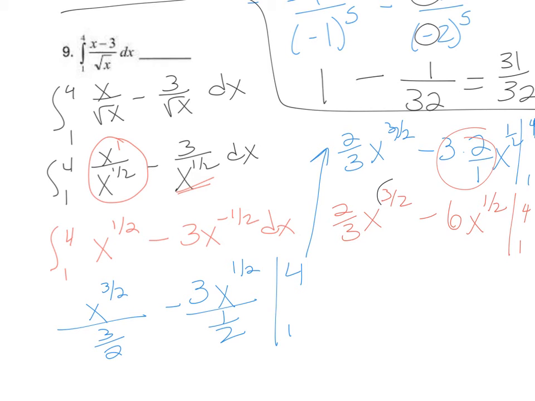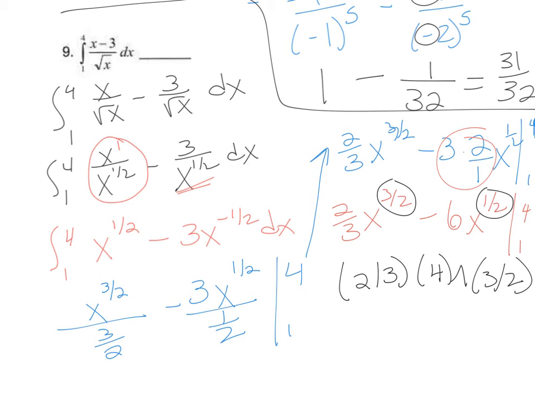When you do these exponents in the calculator, this is how I would type it in the calculator: parenthesis, 2/3, parenthesis, 4 to the parenthesis 3 over 2. So you need all those different parentheses to help you get the order of operations correct. Same thing with the 6 times 4 to the parenthesis 1/2.